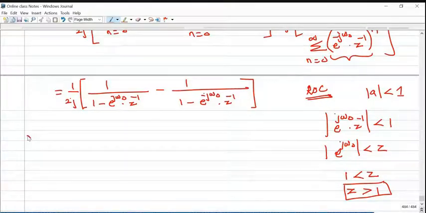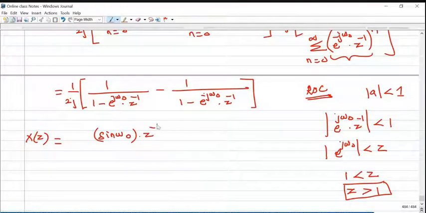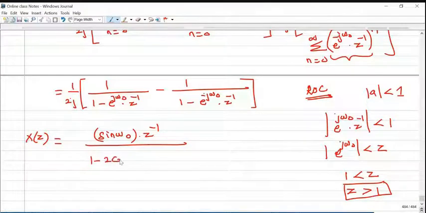So further simplify this particular problem by cross multiplying and solving it. You will get sin omega naught z power minus 1 divided by 1 minus 2 cos omega naught z power minus 1 plus z power minus 2. Let's cross multiply the numerator and denominator.